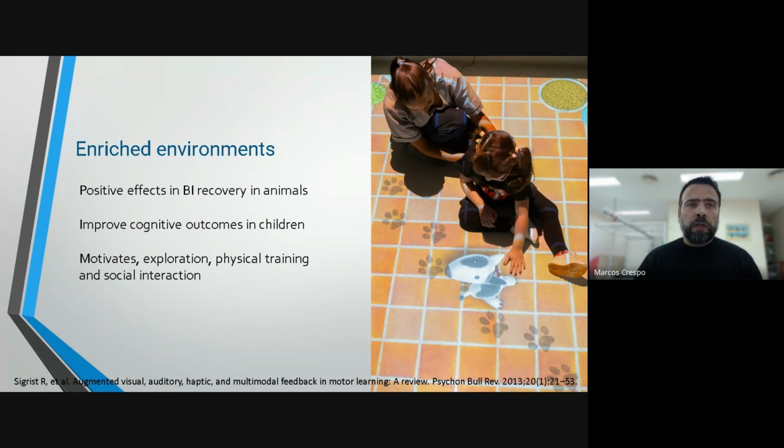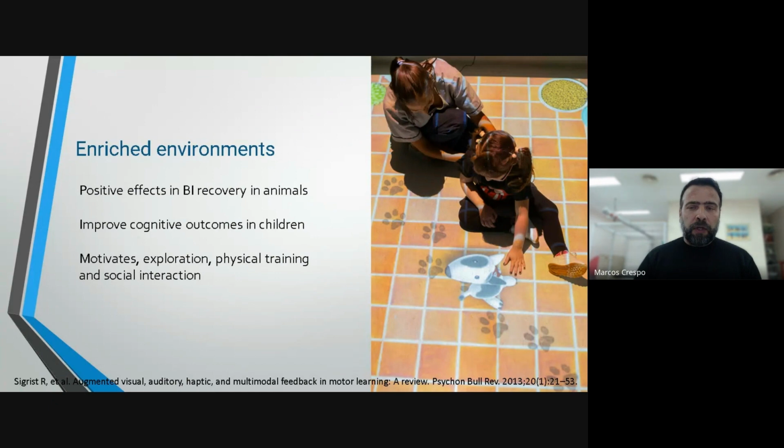A lot of work showed that it motivates movement, exploration, physical training, and social interaction. So not only in virtual environments, but scenarios with a lot of stimulus help us to work and to have better results.